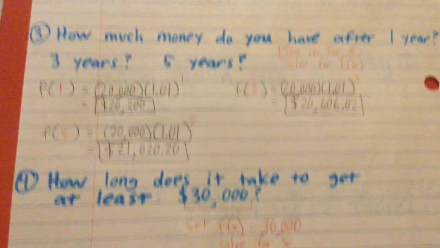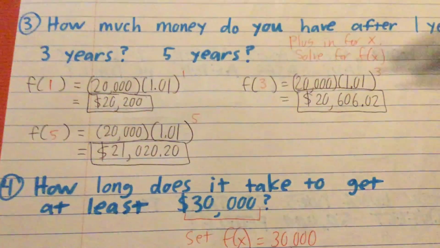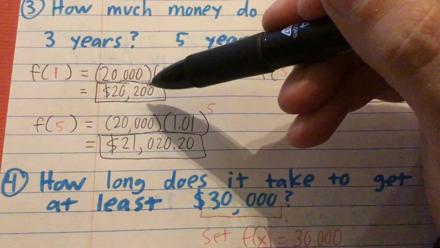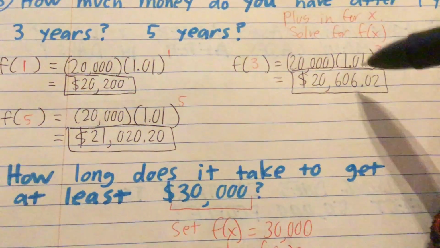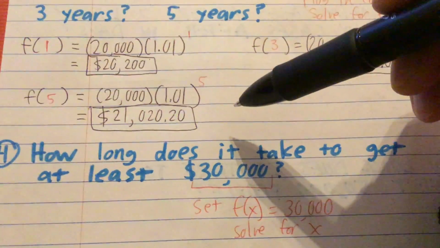I just need to figure out the number of years it takes. So let's say I do absolutely nothing. As you can see, after 1 year, it went from 20,000 to 20,200, and after 3 years, it went to $20,606.02. And so it's growing, but again, 1% interest is not that much.